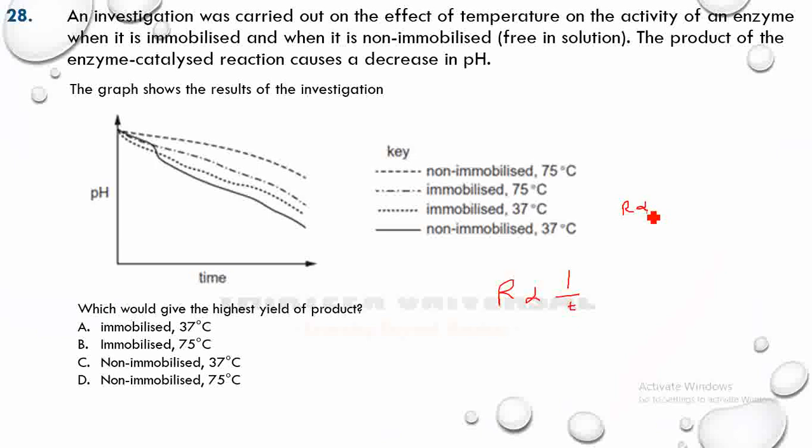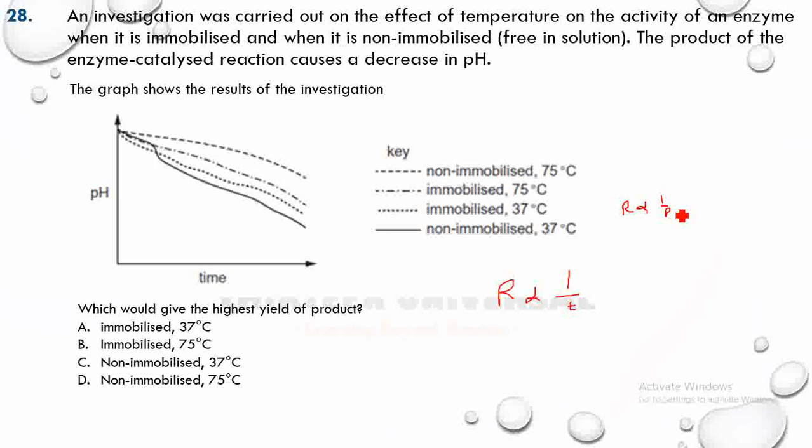If you look at it, the reaction starts at high pH. So when the reaction continues, the pH starts decreasing. So that means that rate of reaction is also inversely proportional with pH.